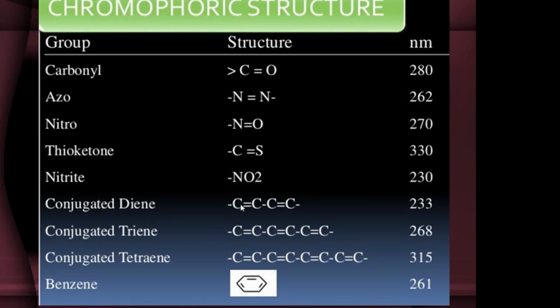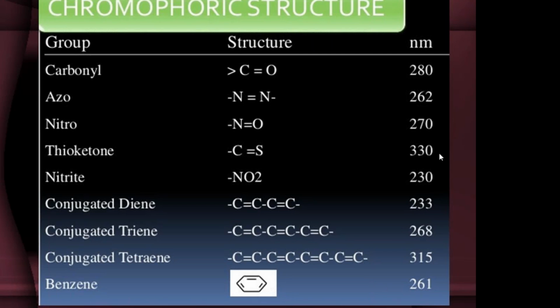You have the conjugated dienes, two double bonds separated by one single bond, at 233. Conjugated trienes, three double bonds, each separated from the other by one single bond, at 268. Conjugated tetraenes, that is four double bonds in conjugation, at 315.